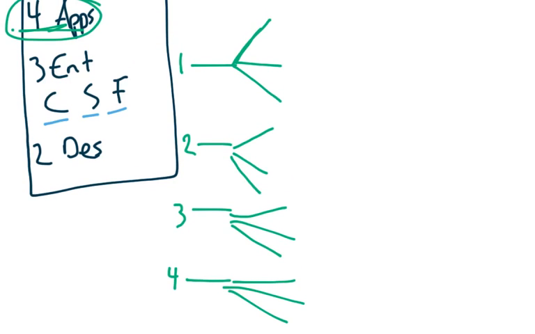Now, each one of these branches here represents either chicken, steak, or fish. Chicken, steak, fish, chicken, steak, fish, chicken, steak, or fish. And then after that, we go to the 2 desserts. So 2 more little branches coming off for that.